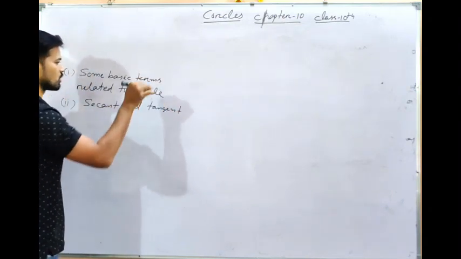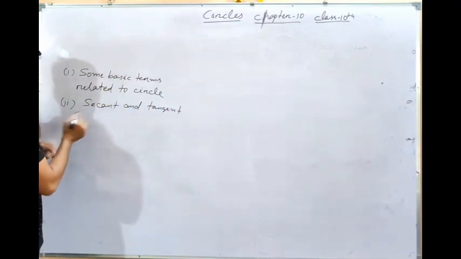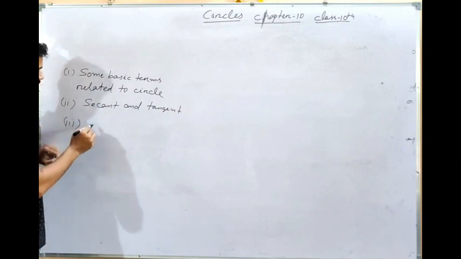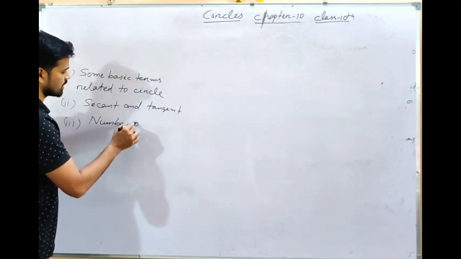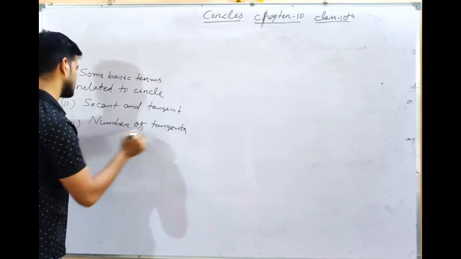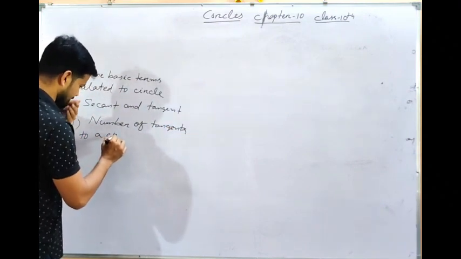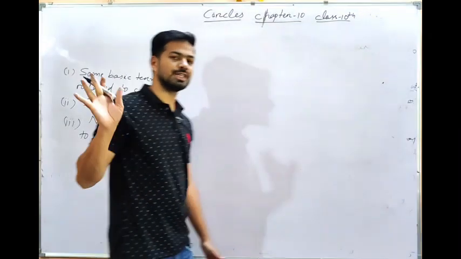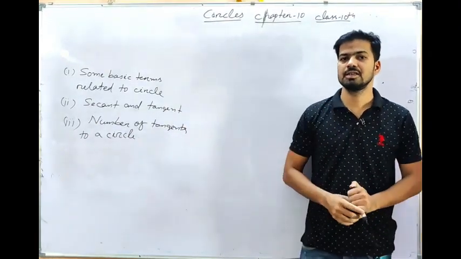Actually, this also comes under the basic terms, but it's fine, no issue. Third, we will discuss the number of tangents to a circle. So these are the three basic concepts we have to cover in this chapter.